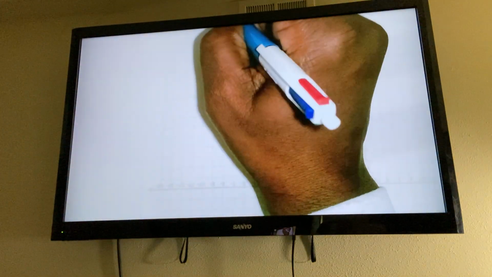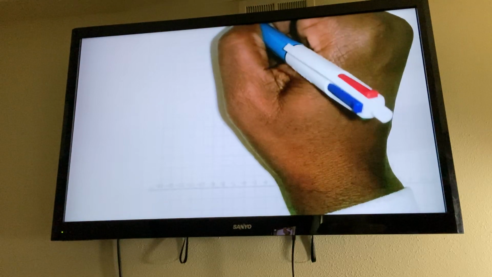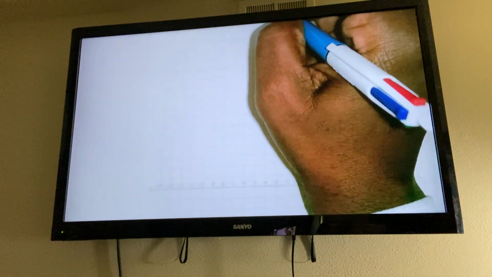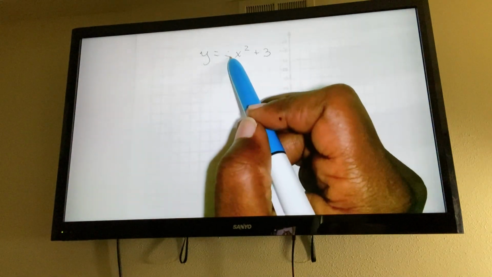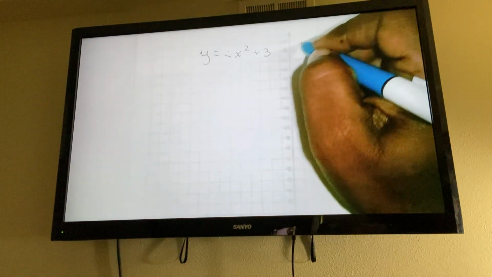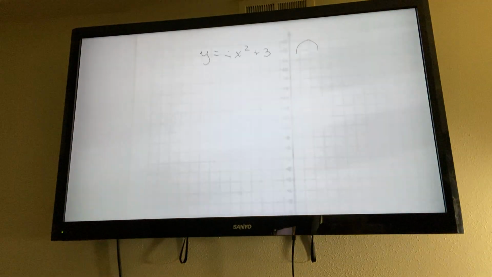Number 1 gives us the equation y equals negative x squared plus 3. A is negative. That tells us our graph, number 1, is going to be going down some kind of way.